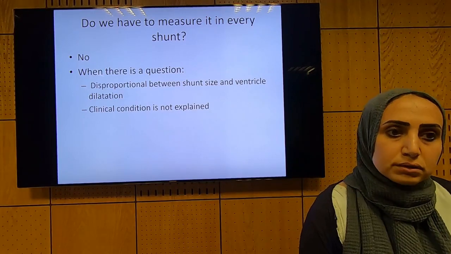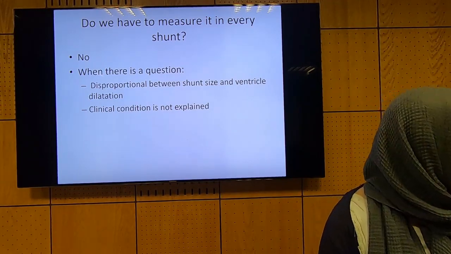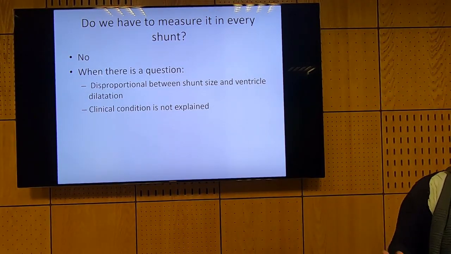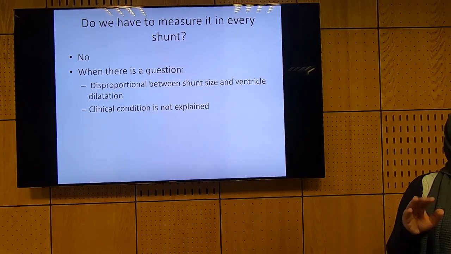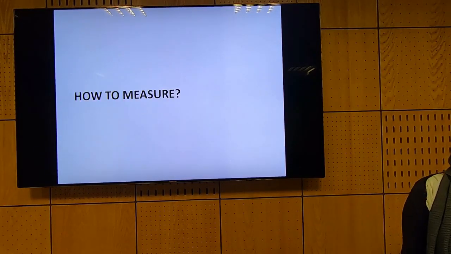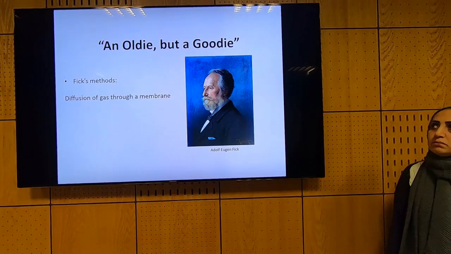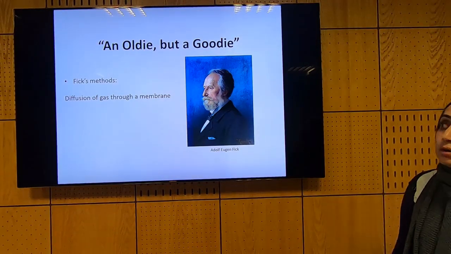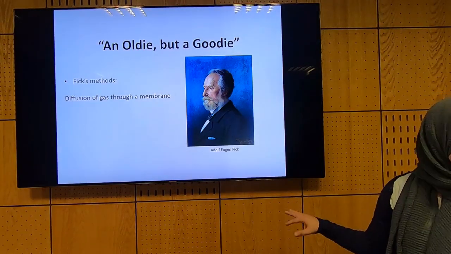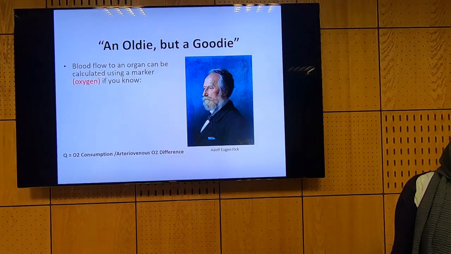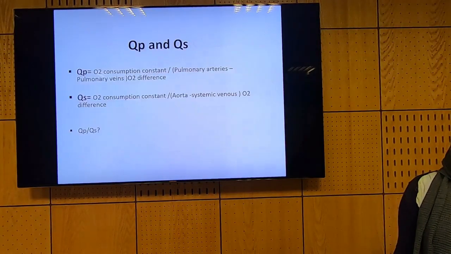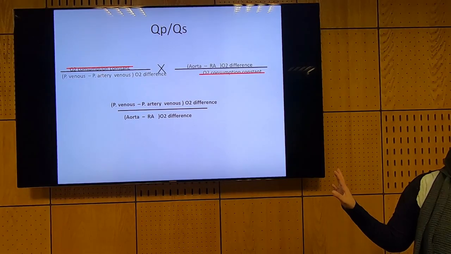This is the same as the PVR. How to measure it? As Hatem said, it's an old method, but still good. It's based on oxygen gas diffusion, and in the lecture I will give some information about this exercise.